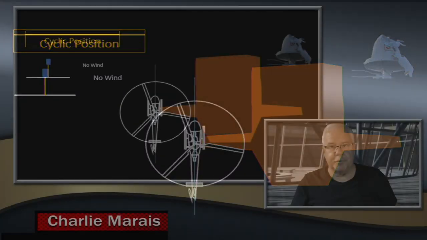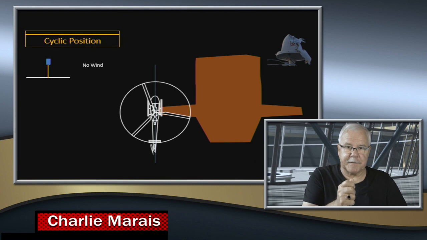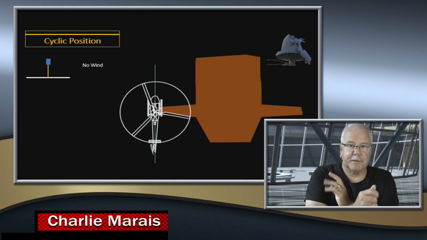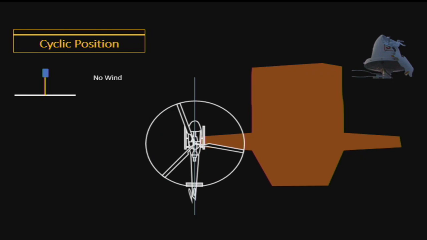Now what I want to do here is just to compare the cyclic positions. The cyclic, as I said, is the stick in the center, and every time something wants to make a drift to the right, it must be compensated to the left. So let's just very quickly go through this sequence. I say here this is what the cyclic looks like, and I say there's no wind condition, so I have it nicely centralized.